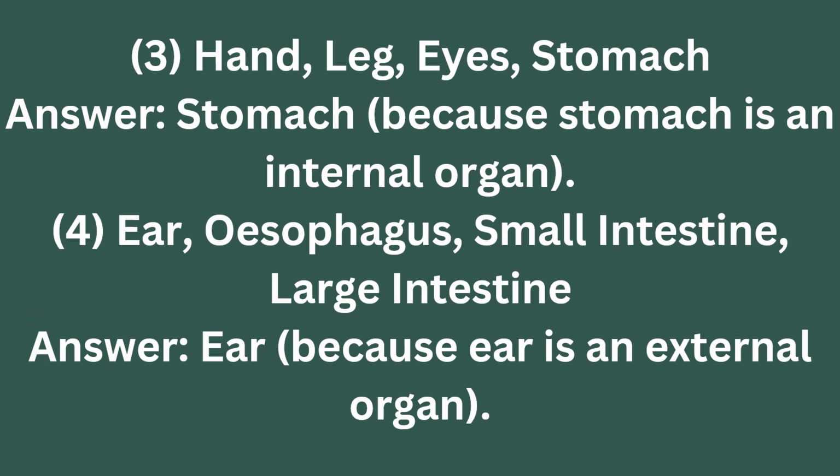Hand, leg, eyes, stomach. Stomach, because stomach is an internal organ and other all are external as well as sensory organs. Ear, esophagus, small intestine, large intestine. Ear, because ear is an external organ and other all are internal organs.